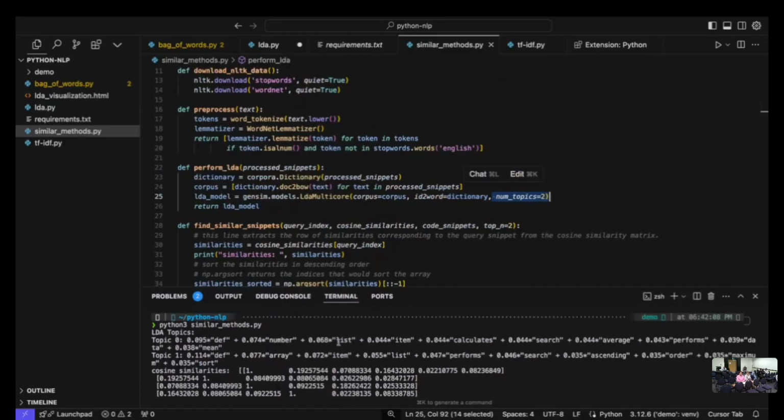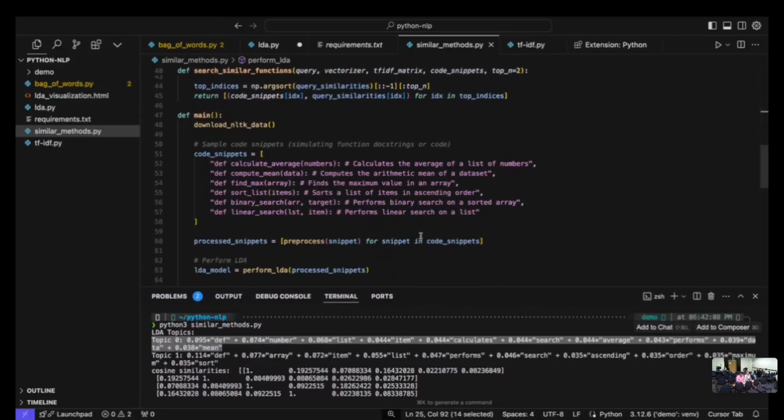So in this case: number, list, item, search, average, performs, data and mean. For the other, it's again array, item, list, perform, search, ascending, order, maximum, sort. So with topic one, it looks much more like this is for sorting, for ascending or descending, and for topic zero, it looks like it is more for average and mean.